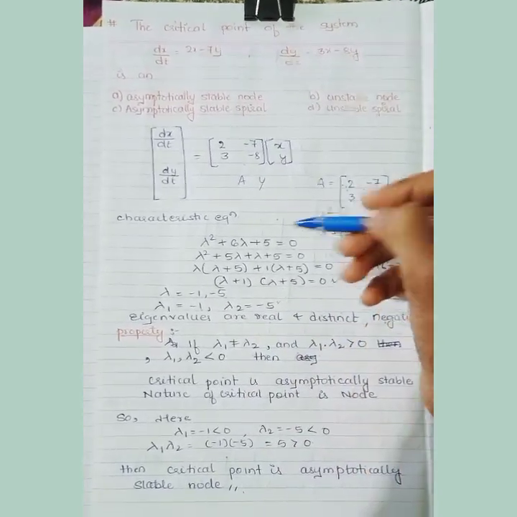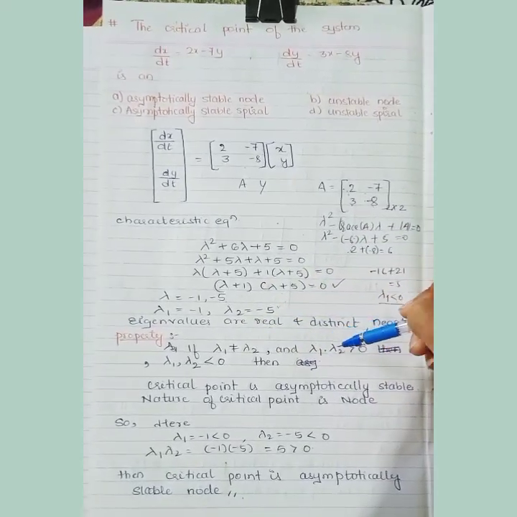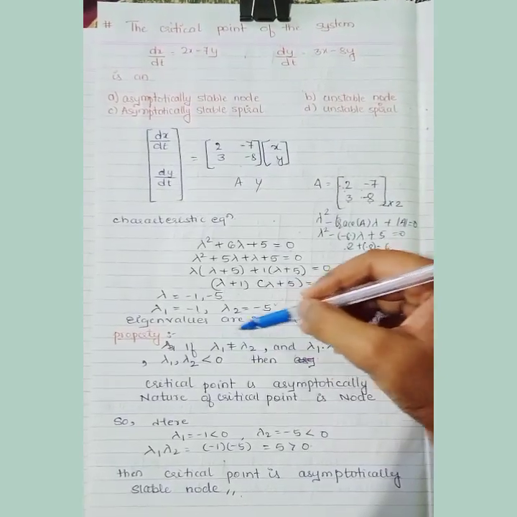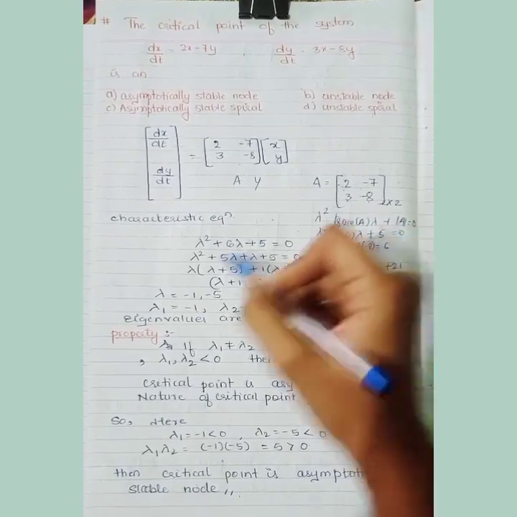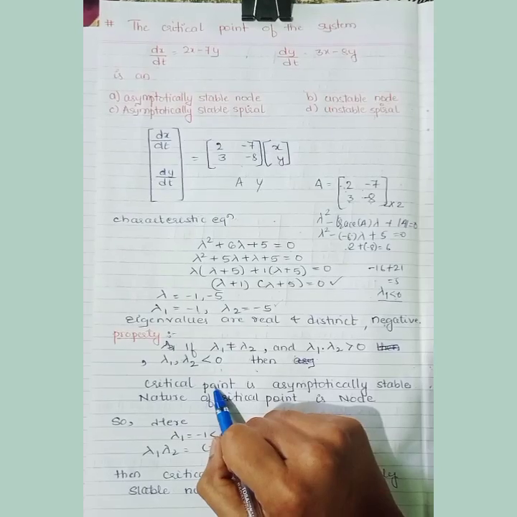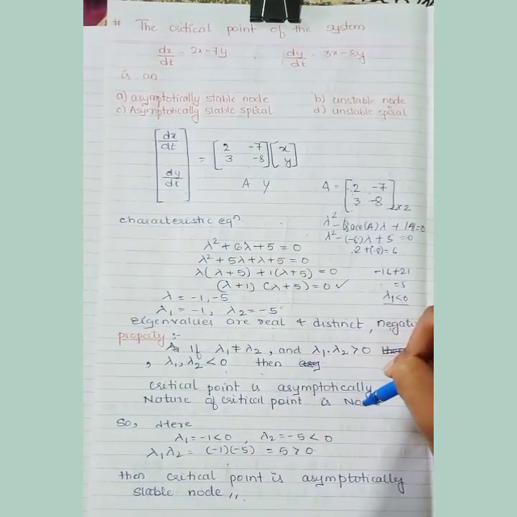So let's see another property. Whenever eigenvalues are different, their product is positive, and each eigenvalue is negative, then the critical point of this linear system is going to be stable and its nature will be a node.